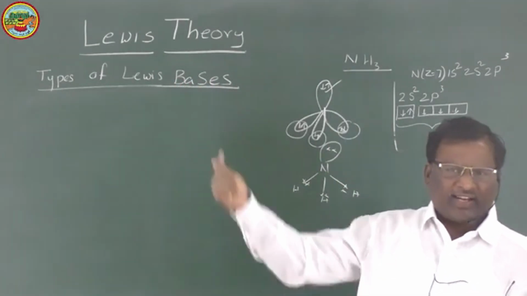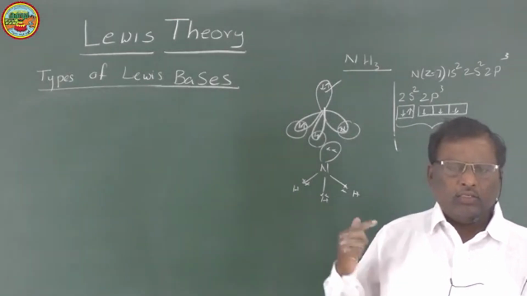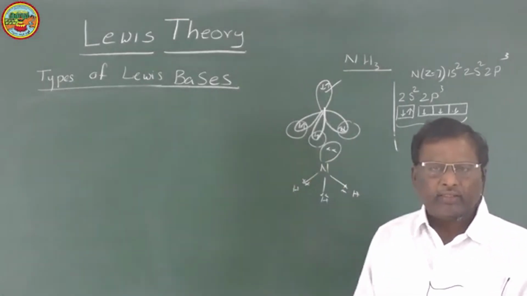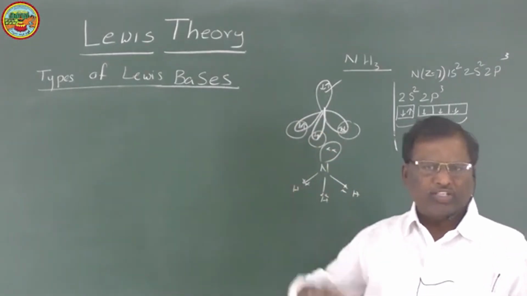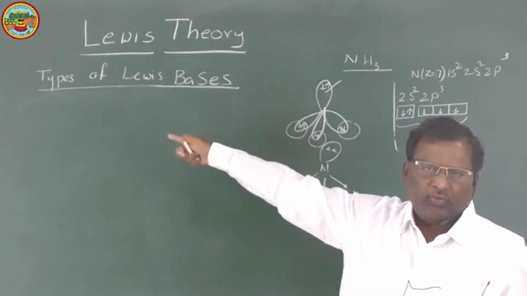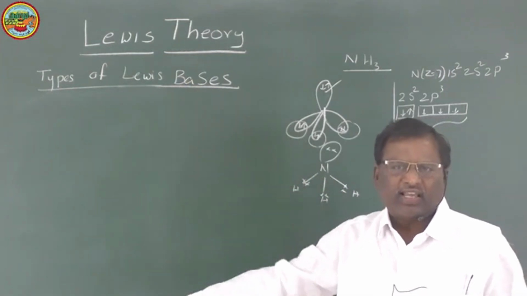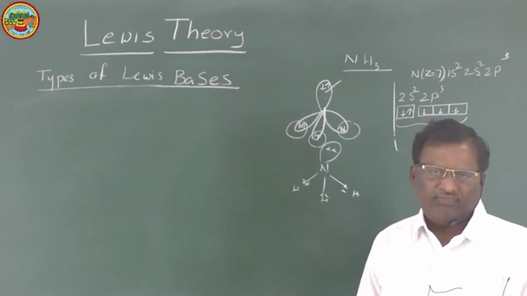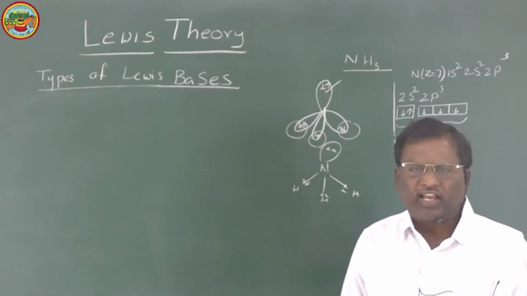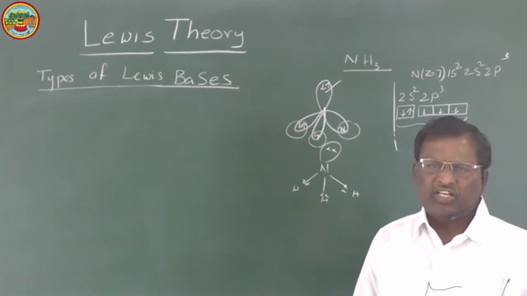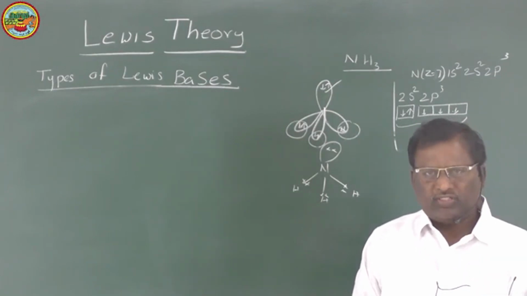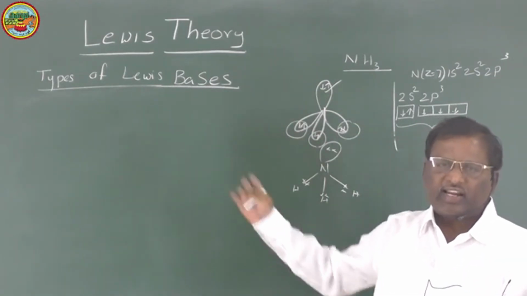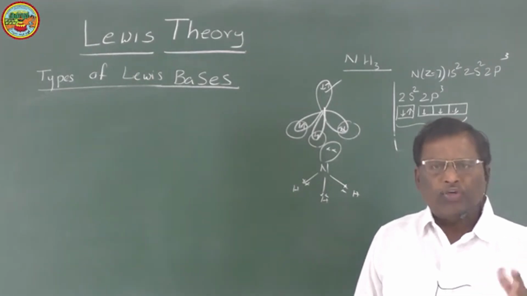So which species can take this? The species which is needy, that is, one which has an empty orbital. Previously we have already discussed which species can have empty orbitals. One is the molecules which have an empty orbital in the valency shell, that is, electron deficient compounds. The second category is all positive ions.